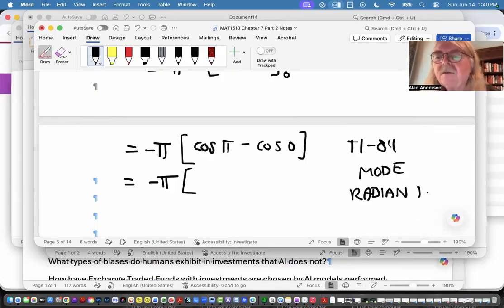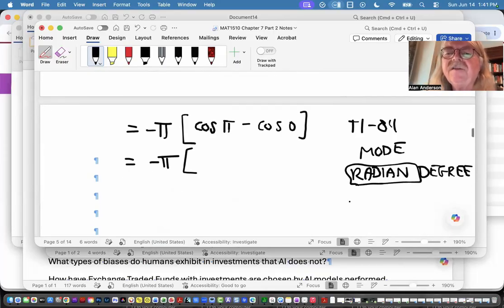So you highlight the one you want, hit enter. If it's already there, of course you're fine. But if you're in degree mode, you have to arrow over there and hit the enter button. In this way, it'll understand what you mean by cosine pi. Okay. So then when we come back, there's a cosine button on here.